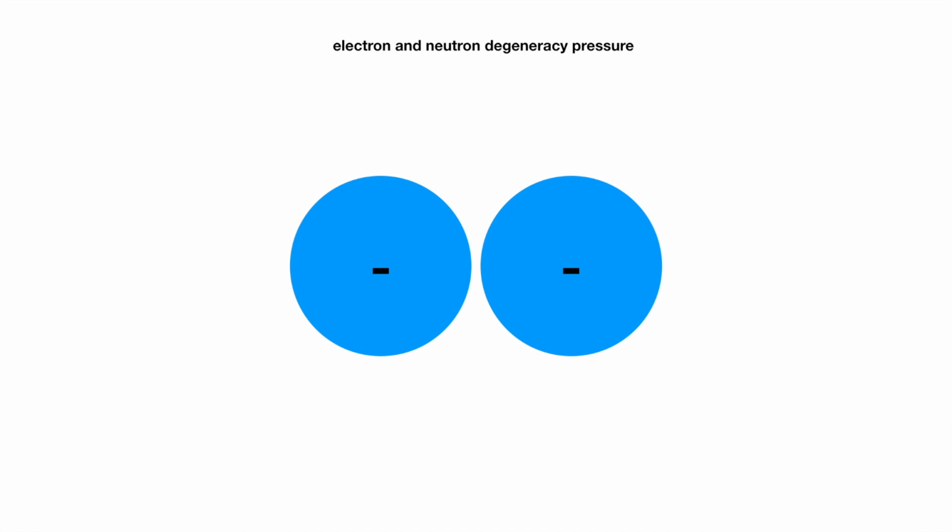Okay, whatever. Anyway, so let's say there are 2 atoms, and the outer shells are electrons, so they're technically negative. So if 2 atoms come into too close contact, they will want to repel each other. The same with neutrons.